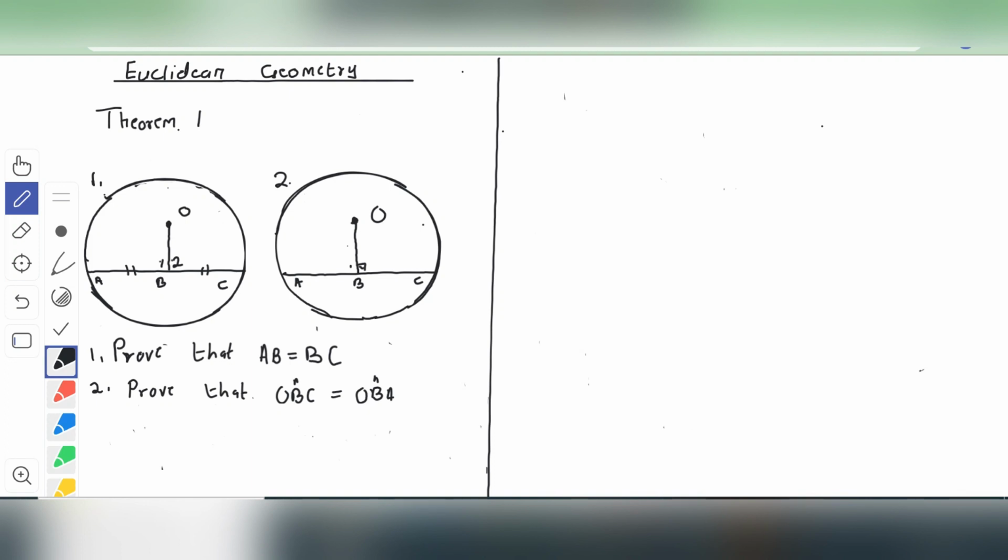So for us now, let's prove that AB is equal to BC, right? And I'm also going to show you what happens if they say prove that angle OBC is equal to angle OPA. It is a little different from proving those two, but let's do the first one, and then I'll also show you how we prove it whenever they say angle OBC is equal to angle OPA, right?